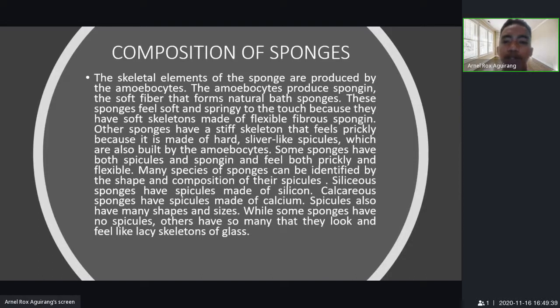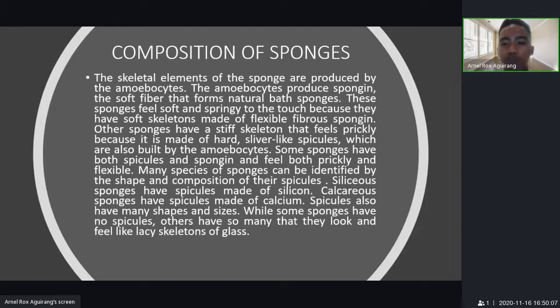Other sponges have stiff skeletons that feel prickly because they are made of hard, glass-like spicules, which are also built by the amoebocyte. So the amoebocyte produces the skeletal elements of a sponge.